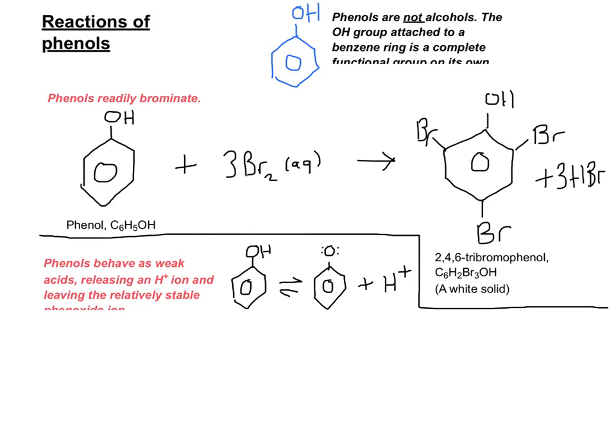So that now means it can do things like react with bases, or it can react with metals. Okay, so what we've just seen there is the phenoxide ion. I'm just going to label that so that we can see what we're talking about while we discuss it.